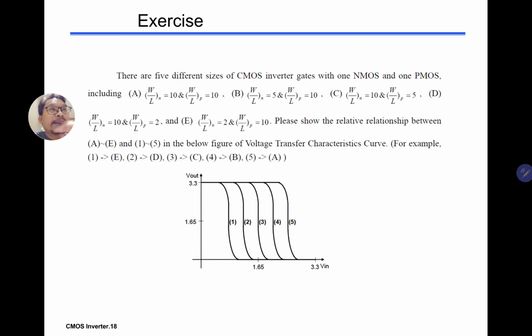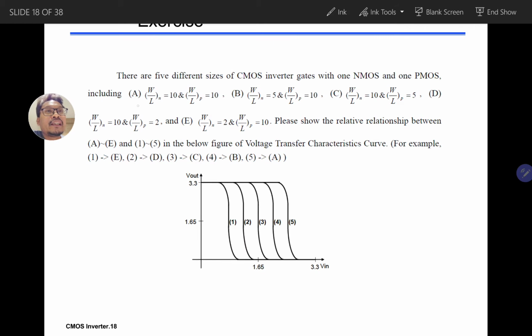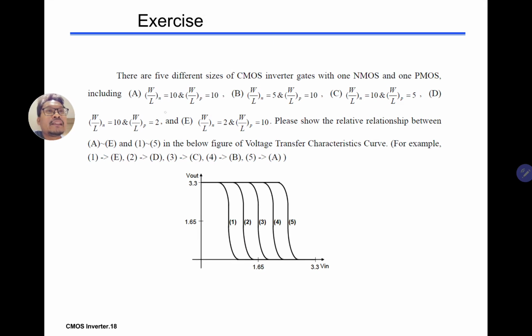Okay, so let's continue. Let's have a look at how the size impacts your VTC, your voltage transfer characteristics. Here is a VTC of 5 different inverters with different sizes of WLN and WLP. For example, for A we have WLN equal to 10 and WLP 10, and for B, WLN 5, WLP 10.